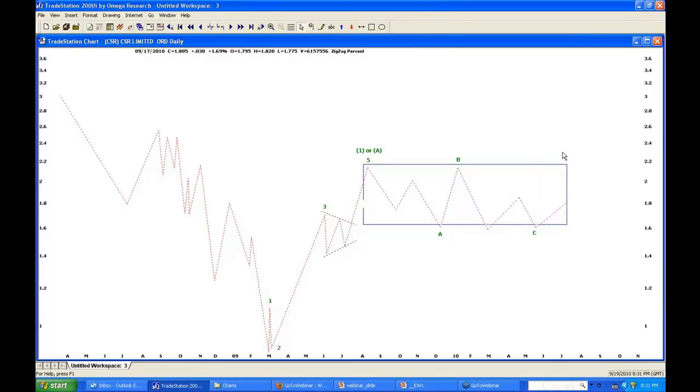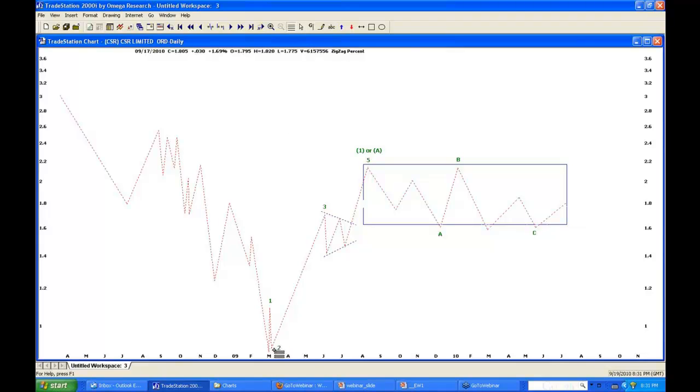It's just a matter of when. And when it's going to come is when it breaks through the upper side here. So when CSR breaks through 220, you can bet your bottom dollar that we're getting the next impulse going higher, unless we get more definitive action in the corrective movement.